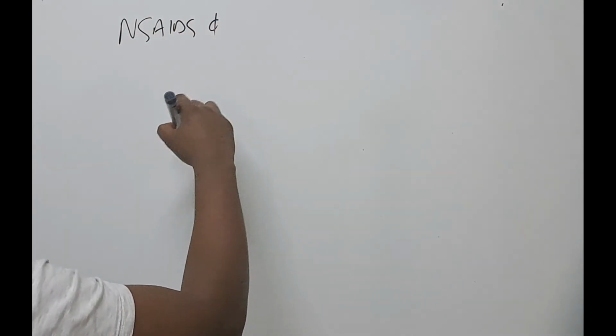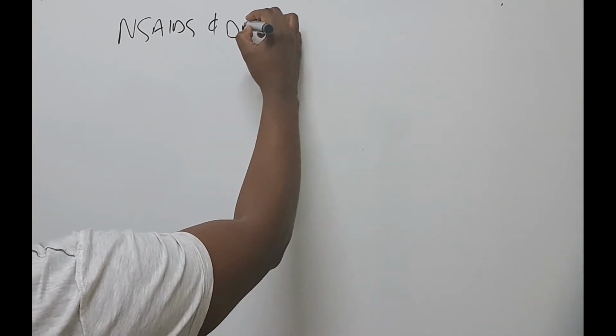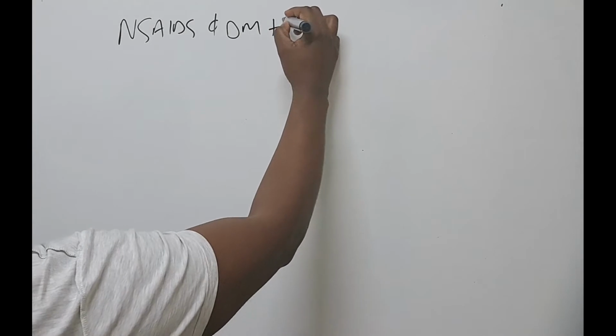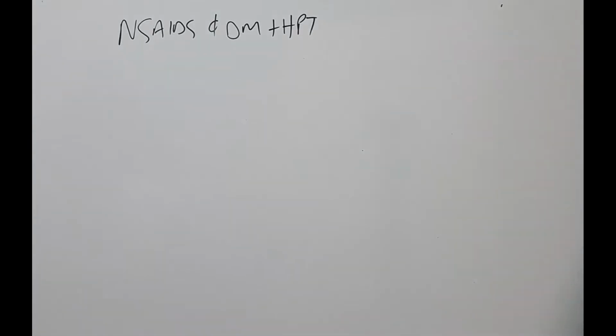We've done part 1 of this video, where we are trying to understand why NSAIDs are horrible drugs for the diabetic and the hypertensive patient, more especially when the patient already has a renal impairment or some kind of nephropathy, whether it's diabetic nephropathy or hypertensive nephropathy. That's what we are trying to answer here.